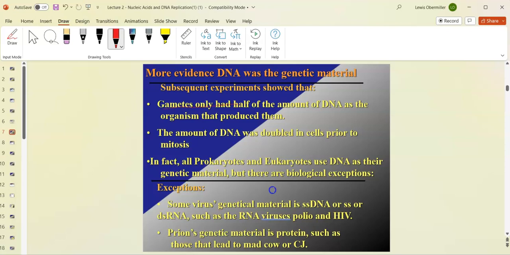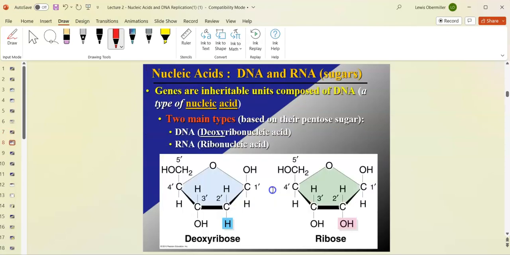Okay, so there's lots of evidence that DNA is the genetic material, right? And we know that DNA is a double-stranded helix. Watson and Crick basically stole the structure of DNA from Maurice Wilkins and Rosalind Franklin.